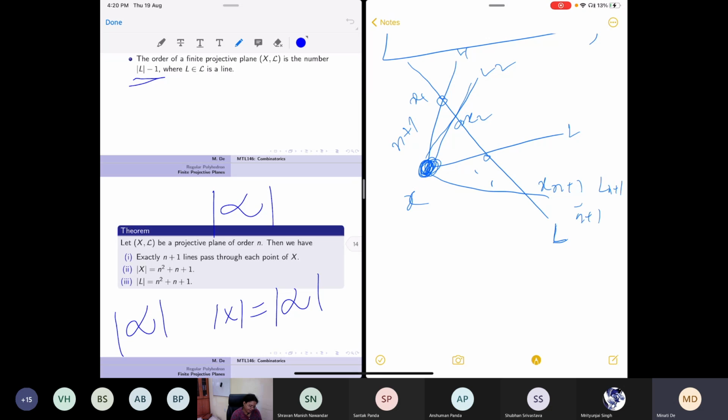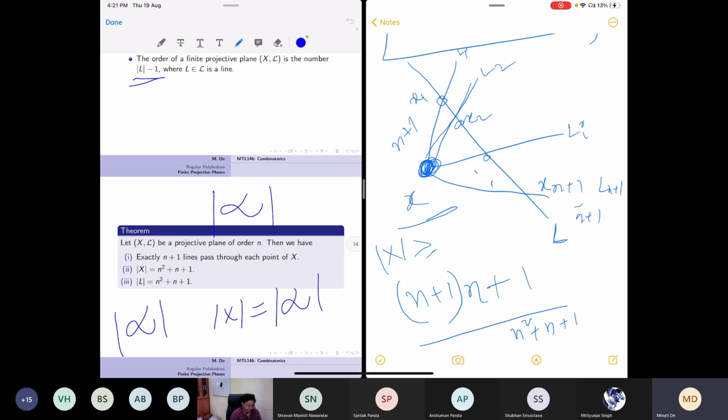Similarly for L2, and for any Li. In each of these n plus 1 lines, apart from x, I have exactly n points. And of course, you need to count x also. So you can see the cardinality of X is at least this, which is basically n square plus n plus 1.